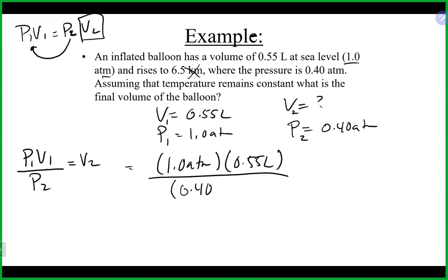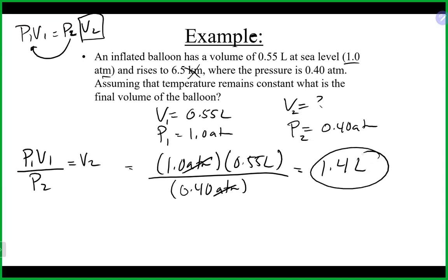In this case, both of our pressures were in atmospheres, so that is really good because they do cancel. Again, if they were not in the same unit, you would need to do a conversion, and that's going to get us there. We'll call it 1.4 liters in this case.